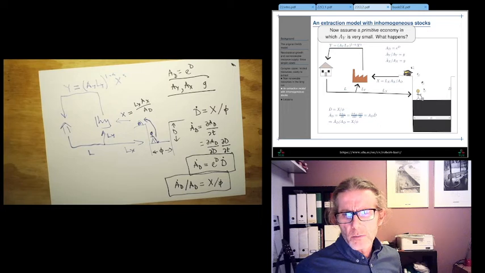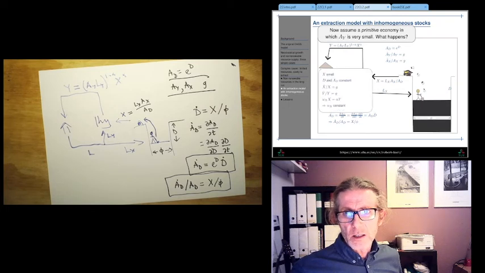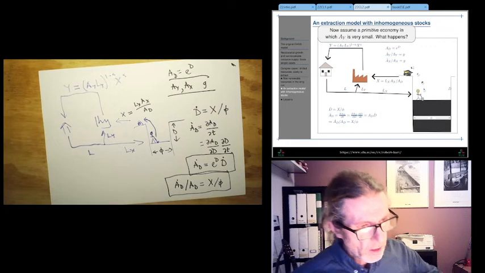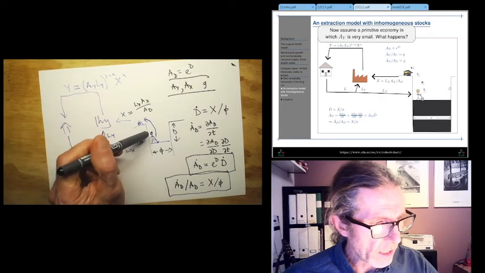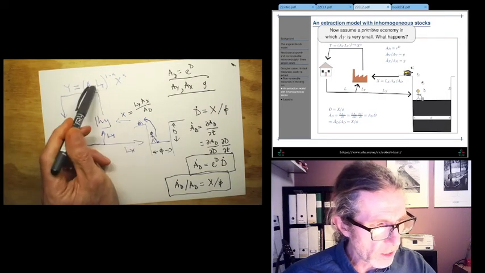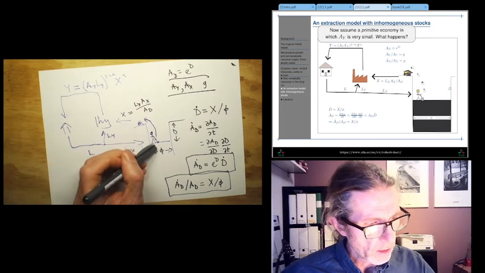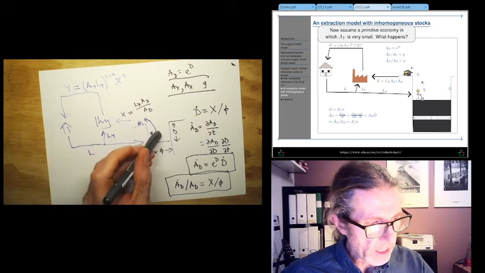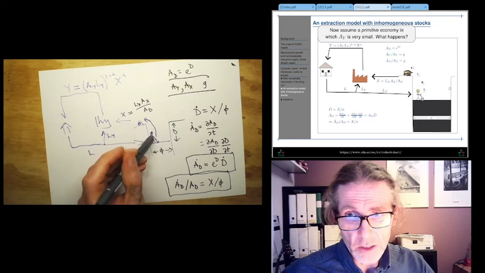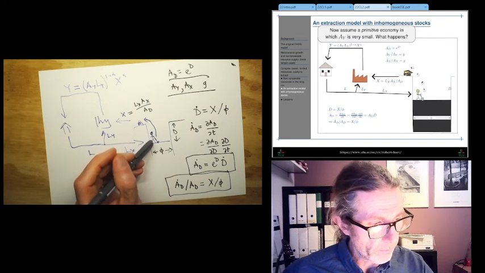I should have said probably that AX is very small too. Let me see what the notes say. Yeah, okay. Both AY and AX are very small. These productivity factors are very small. So it means that even if we, for some reason, send everyone down the mine, extraction will be very low.